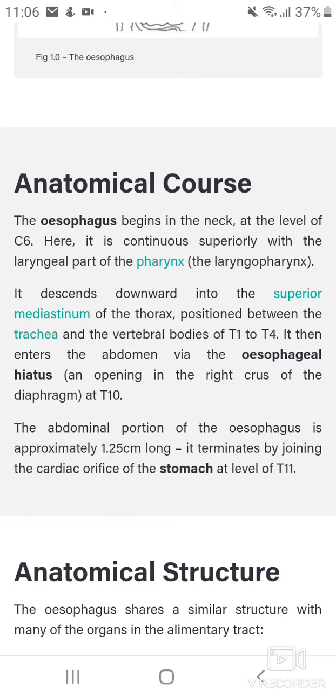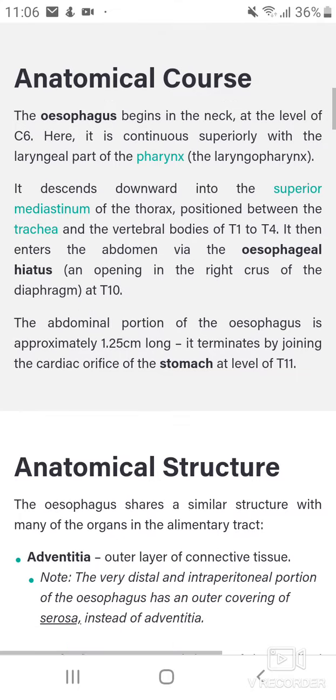It then enters the abdomen via the esophageal hiatus, an opening in the right crus of the diaphragm at T10. The abdominal portion of the esophagus is approximately 1.25 cm long. It terminates by joining the cardiac orifice of the stomach at the level of T11.